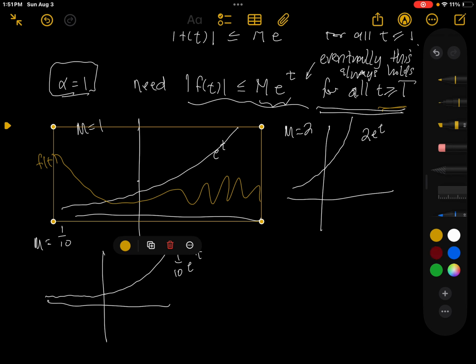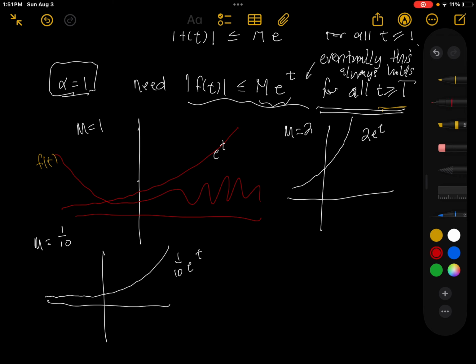but past this point, this is your f of t. Past this point, the absolute value of f of t is lower than the graph of e to the t.